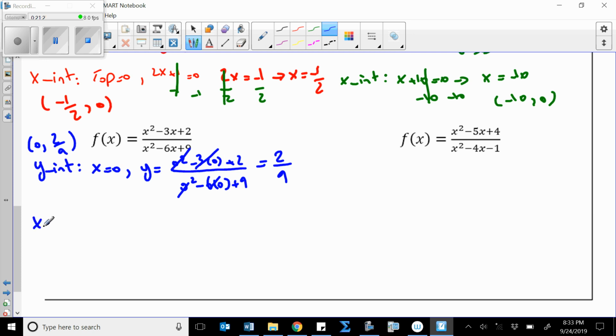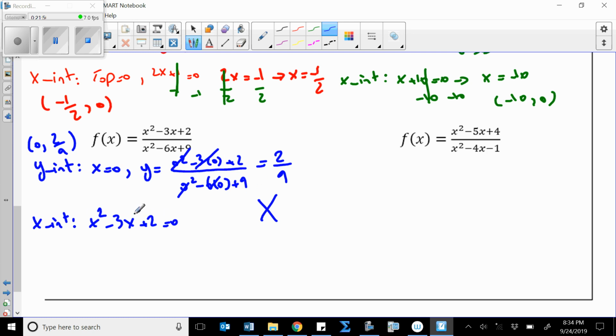What is the x-intercept? You need to set the top equal to 0. x squared minus 3x plus 2 equal to 0. Now we want to solve this for x. The best way to solve this is to factor. So if I factor this, I use the big X way to factor the polynomial.